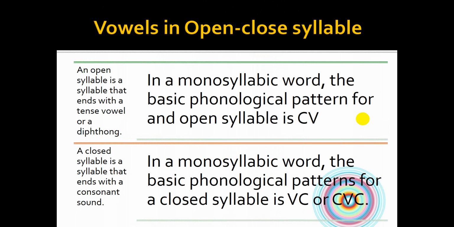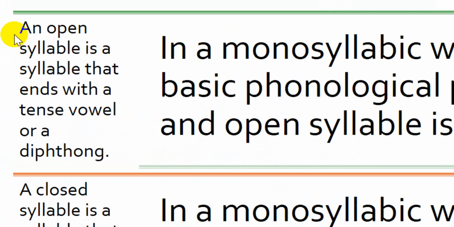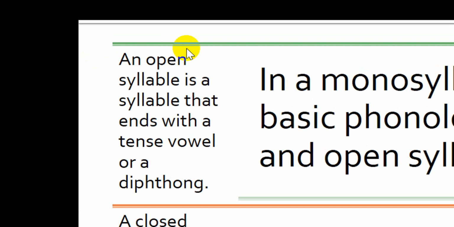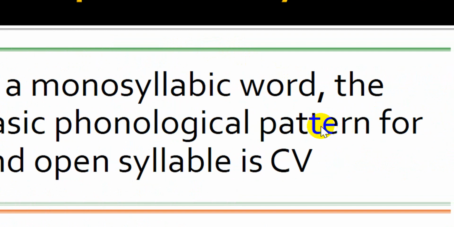Now let's talk about vowels in syllables. There are two kinds of syllable, open syllable and closed syllable. An open syllable is a syllable that ends with a tense vowel or a diphthong. So in a monosyllabic word, the pattern is consonant and vowel.